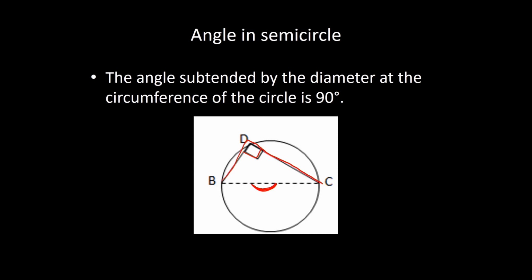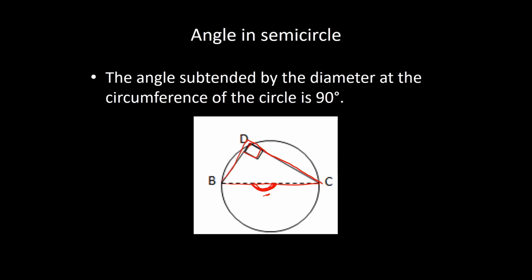So therefore, if I look at the diameter BC, or this chord, this arc, we see that we have an angle formed on the circumference and an angle formed at the center. So if the angle at the center is 180 degrees and my theorem says the angle at the circumference is a half of that, well, what is a half of 180?